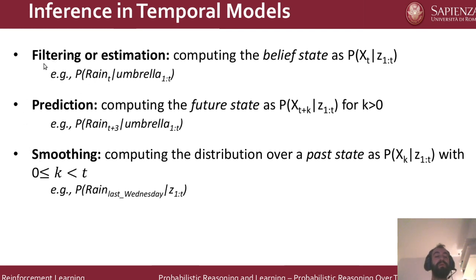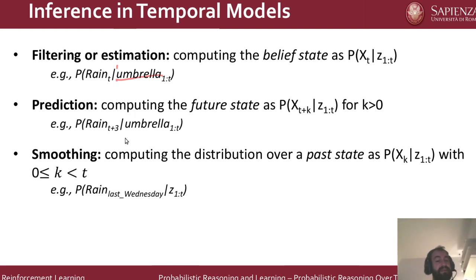With filtering, you're generally trying to compute what is known as the belief state, which is the probability of being in a certain state given the sequence of all the observations. So for example, we want to know whether it's raining today, given that from the first day until today we have seen a certain sequence of values for the random variable umbrella. We'll see an example about this.